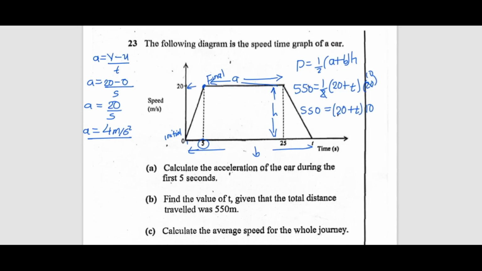So instead of expanding, we just divide by 10. Also, we divide by 10. So that we have 20 plus t is equal to, here we get 55. So if we collect the like terms, if 20 moves to this side, we have 55 minus 20. So the value of t is 35.